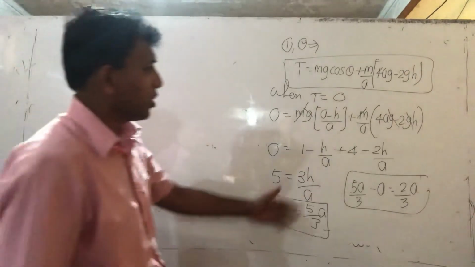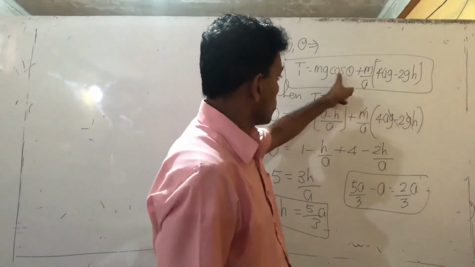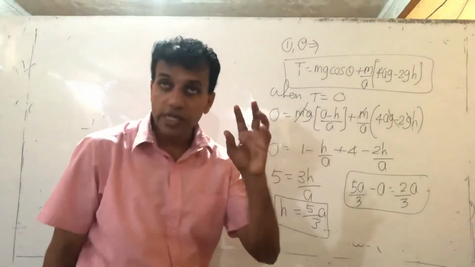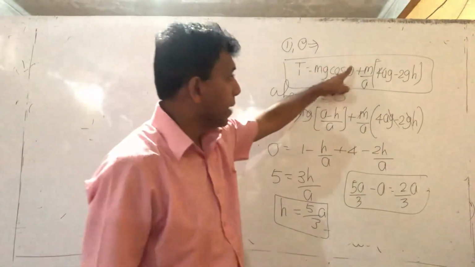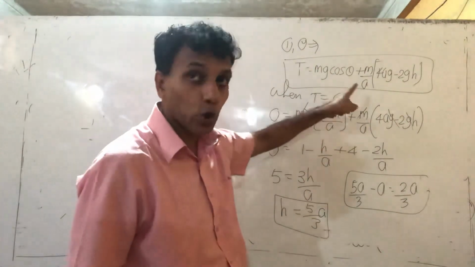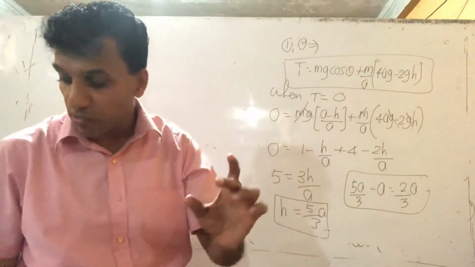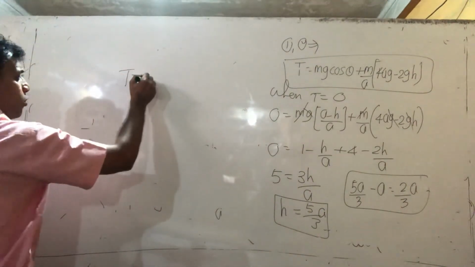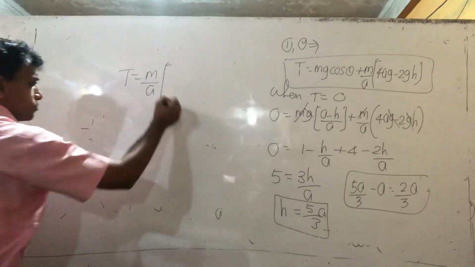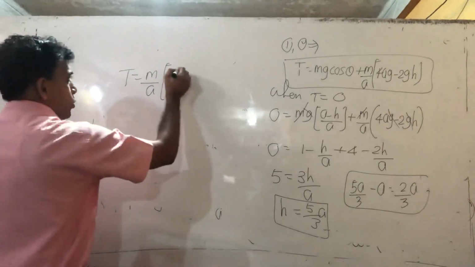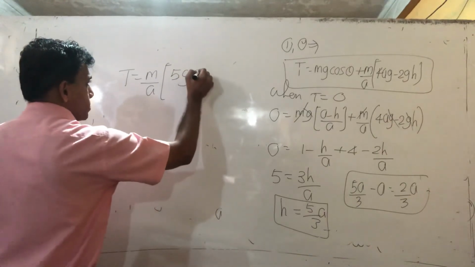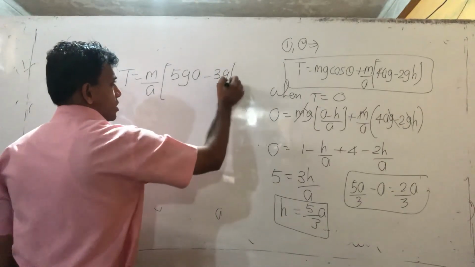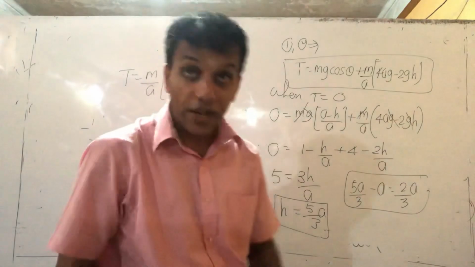After completing, put cos theta as a minus h over a and rearrange the expression in terms of h. Try this answer: T equals m over a times 5ga minus 3gh, simplified. This is the tension force generally in terms of h.